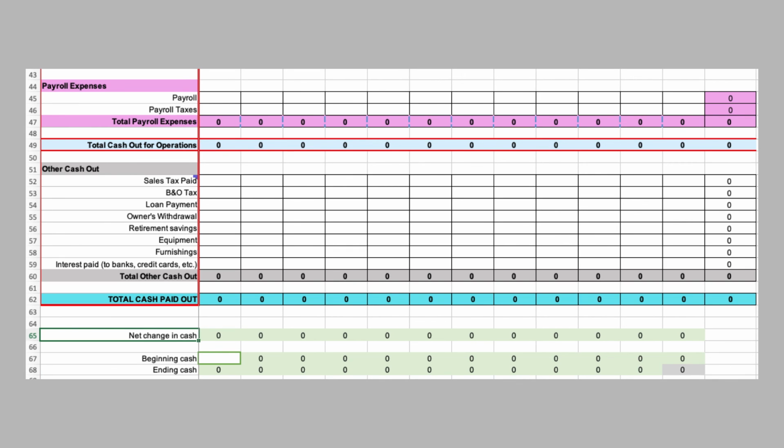Again, I want to emphasize that that bottom line there, ending cash, cannot be a negative number. That doesn't exist. Therefore, if you see a negative number appear in that line, you need to do something before that period, so before that month, let's say, in order to make sure that number is not negative. It can be zero, it's not good, but it can't be negative.